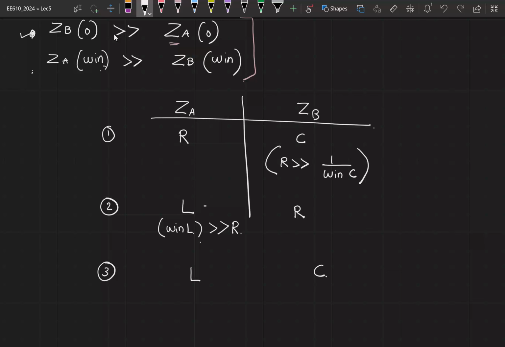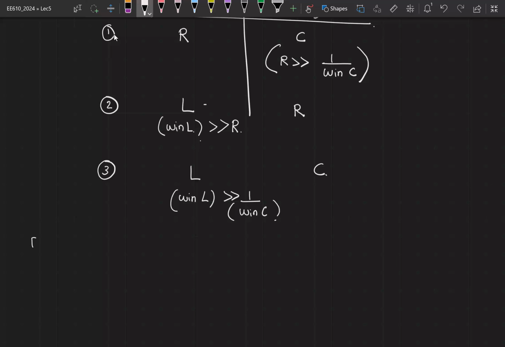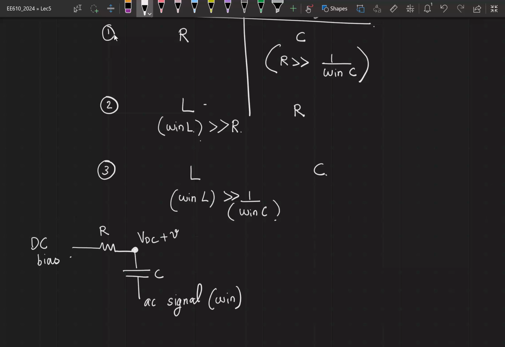Where the condition you will get is simply omega n into L has to be much greater than 1 by omega n into C. So all that this means is you could have a DC bias, you can connect it through a resistor, and you can have an AC signal which you connect through a capacitor, and provided you choose the capacitor value C appropriately depending on the frequency of the AC signal, you will have both the DC plus the AC signal appearing there with correct magnitudes.